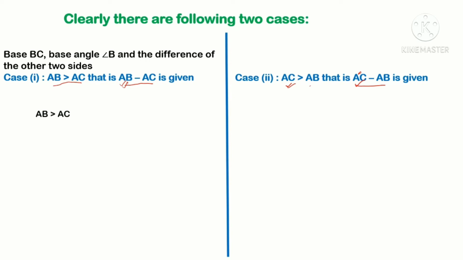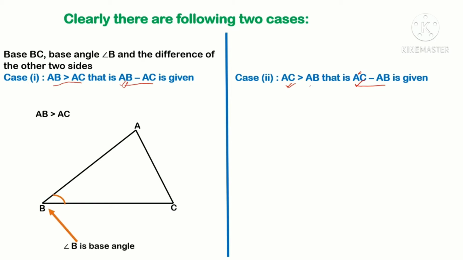As soon as you get the question, you need to draw a rough figure. So I'm just doing that. Base BC I'm drawing, then angle B, that is the base angle, and the difference of the other two sides. So we'll draw a rough figure where this is the base angle.